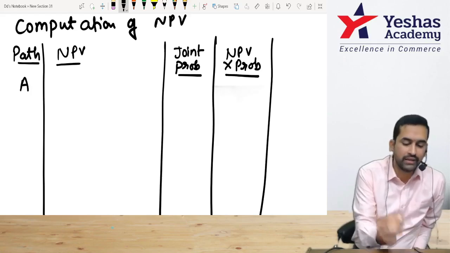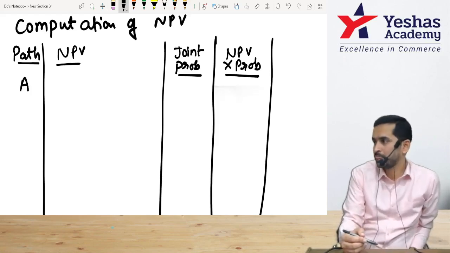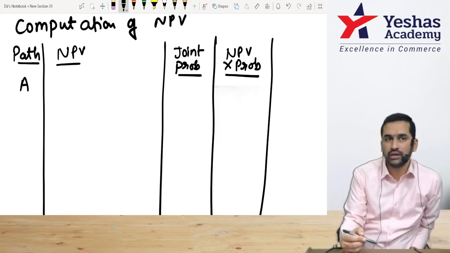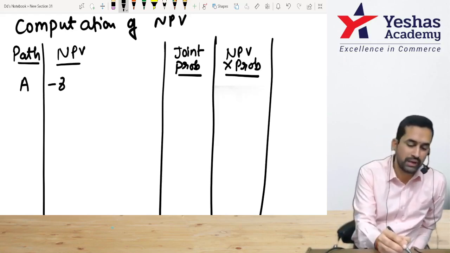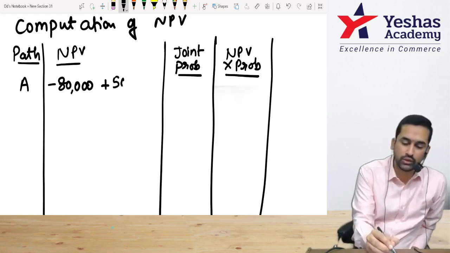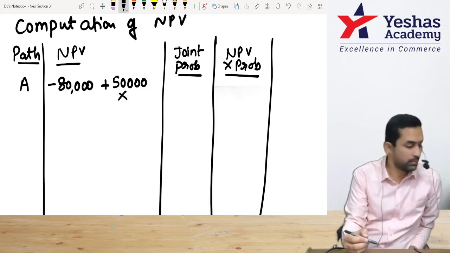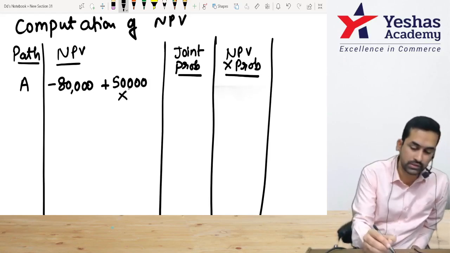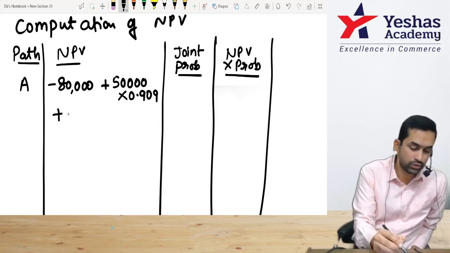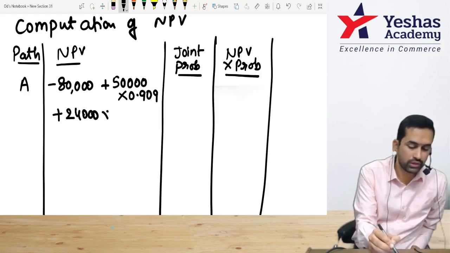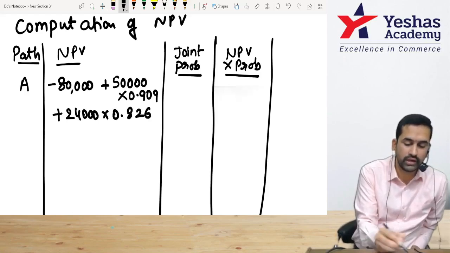First path is A. Go to decision tree. If path A becomes the reality, then my NPV will be equal to minus 80,000, correct? 50,000 you will earn at the end of year 1. That will be multiplied by, what's the discount rate? 10%. So 0.909. And second year you should earn 24,000, and this will be 0.826.